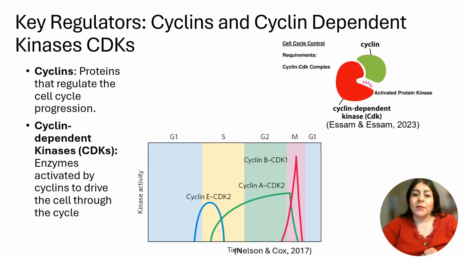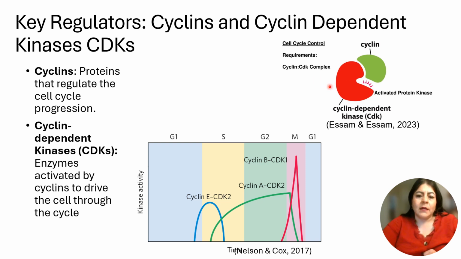Key regulators of the cell cycle include cyclins and cyclin-dependent kinases, or CDKs. So I'll be going over the importance of this super important structure in cell cycle regulation. The green structure here is a cyclin, and it is bound to an enzyme that is a cyclin-dependent kinase.